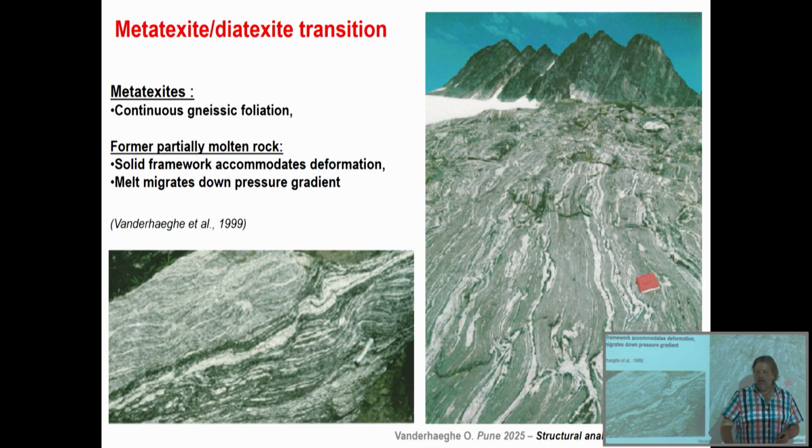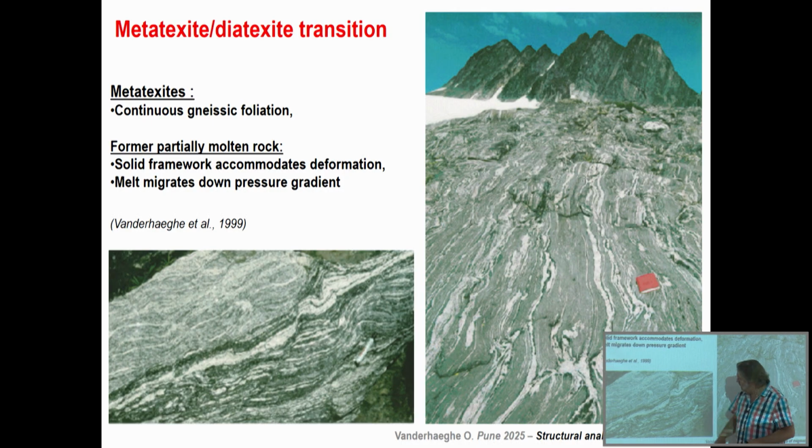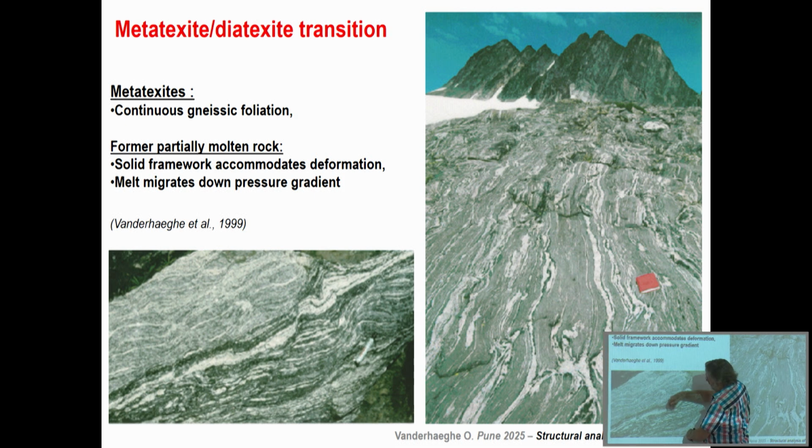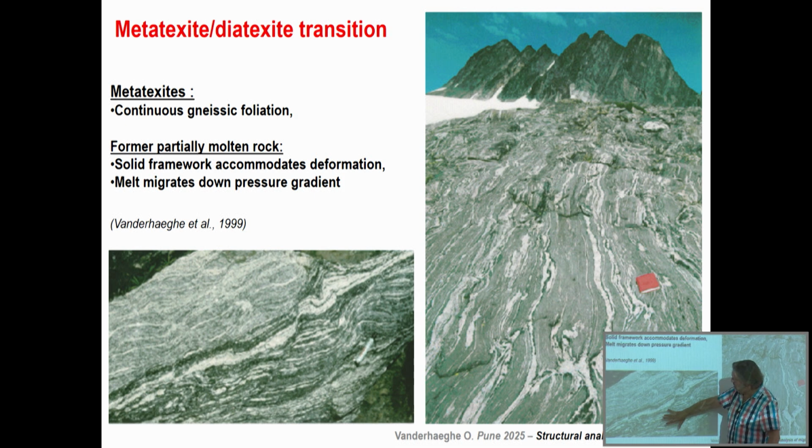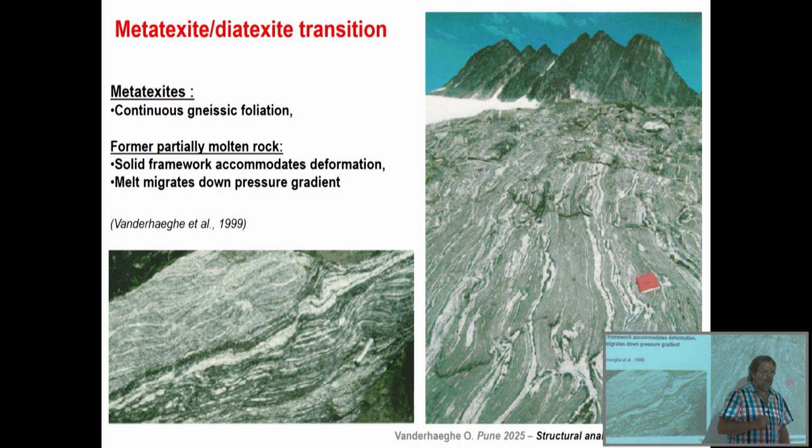That's the meter scale. I lost the scale here, but there was a notebook somewhere here. That's something like 1 meter scale. And then within the darker, there is alternation between leucosome and mesosome at a 10 centimeter to centimeter scale. Within the gray, there's also leucosome and mesosome, second order layering.